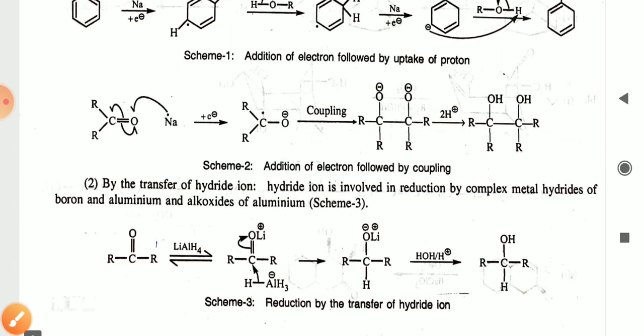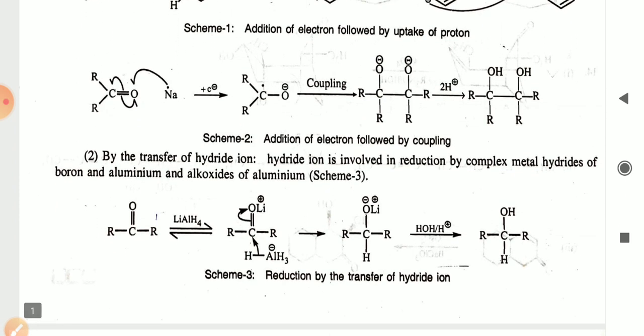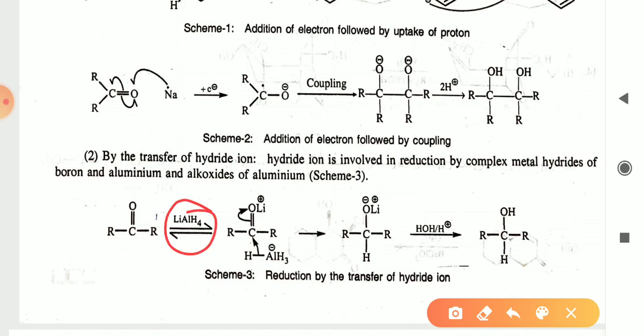Now by the transfer of hydride ion, the reduction is done by the complex metal hydrides of boron and aluminium and the alkoxide of aluminium. You can see in this reaction lithium aluminium hydride is a strong reducing agent. With this reagent, the carbonyl compound will reduce.